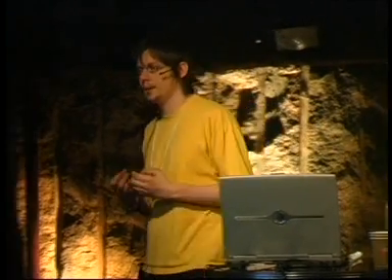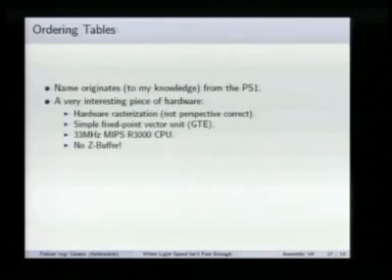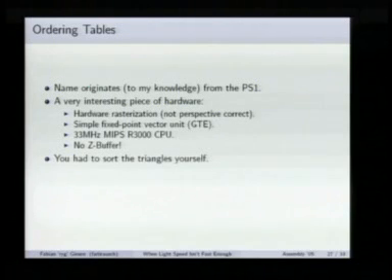So if you wanted things to appear in the correct order on the screen and not have any sorting problems, you had to sort the triangles yourself, which is not exactly what you want to do when you have a 33 megahertz CPU. I mean, you have to build up your triangle list and stuff like that every frame, and you really don't want to be touching the data again and again and again.